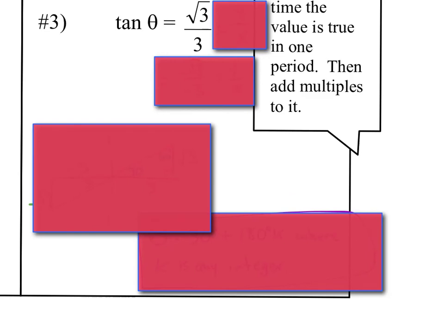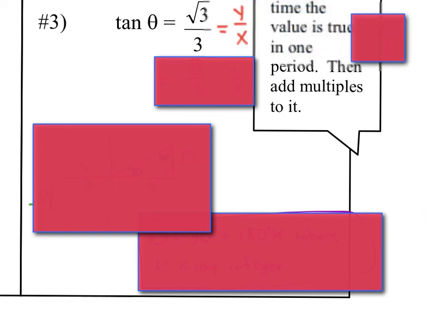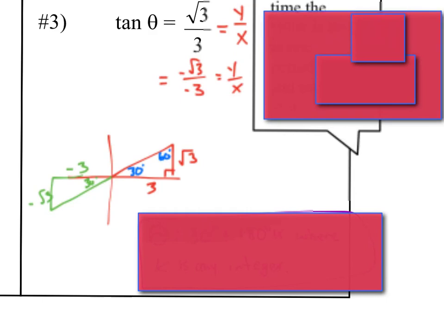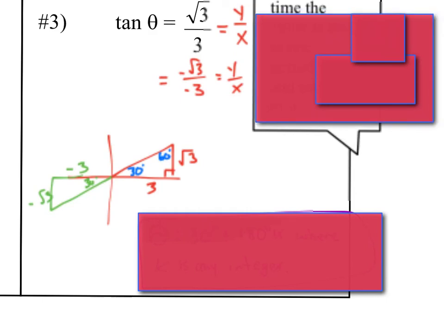Number 3, we get tangent of theta is square root of 3 over 3. Tangent is y over x. That means that y could be square root of 3 and x could be 3, or it could mean that y could be negative square root of 3 and x could be -3. So they could be negatives or positives, because if you divide two negatives, you get a positive. So where does that happen? Those are special right triangles.